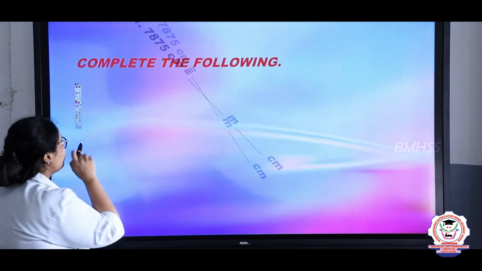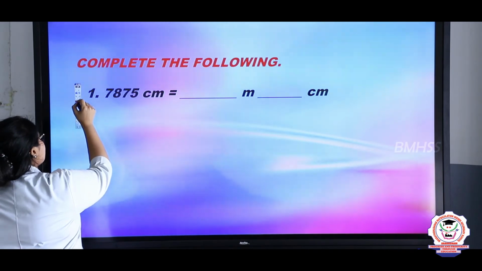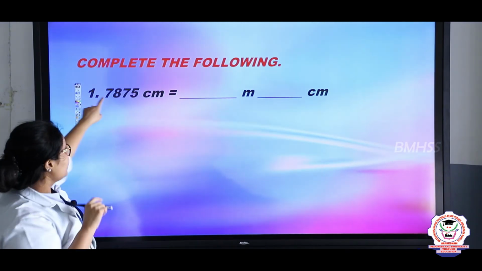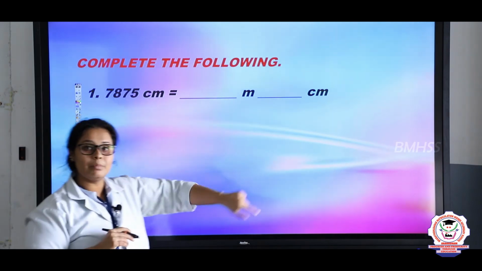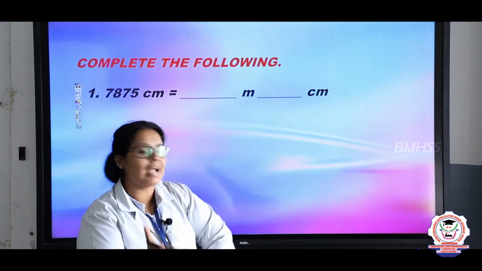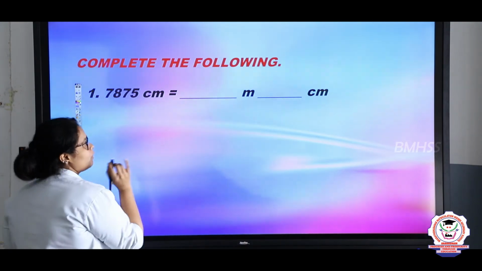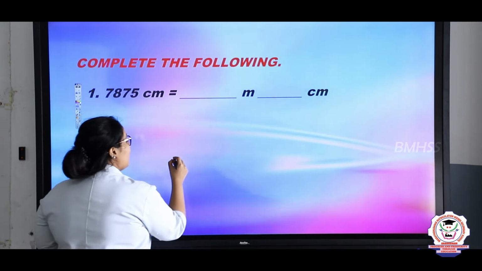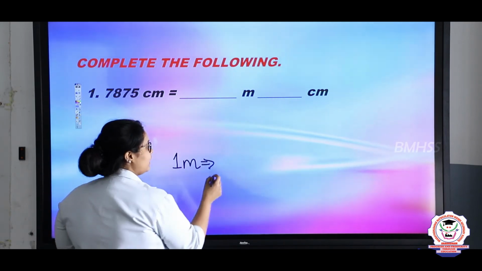Here is the first problem. In the first problem they are asking how you will convert 7875 centimeters into meters and centimeters. So 1 meter was equal to how many centimeters?